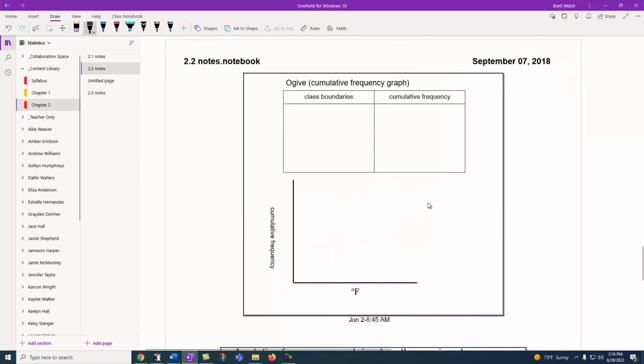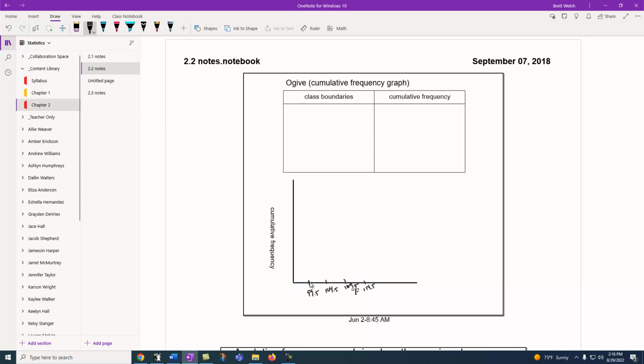But when I go to graph this, first thing I'm going to do, I'm going to start down here at 99.5. And then here I'd have 104.5, and then 109.5, 114.5, and so on down the list.